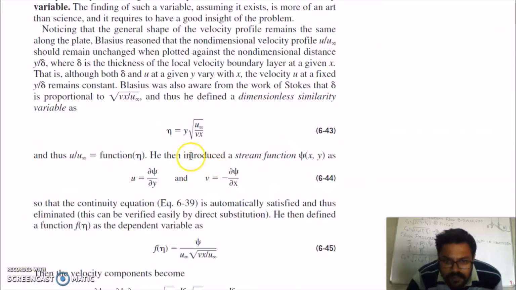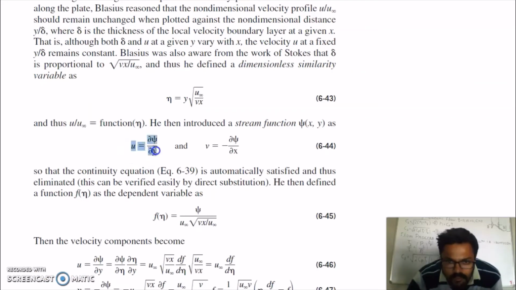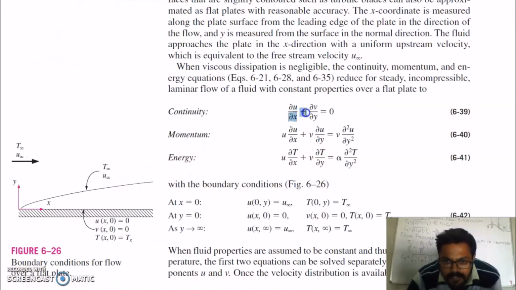We will introduce a stream function psi(x, y), where u is equal to del psi by del y and v is equal to minus del psi by del x. When you put these values into the continuity equation, the two terms are eliminated, so there is no need to discuss the continuity equation further.